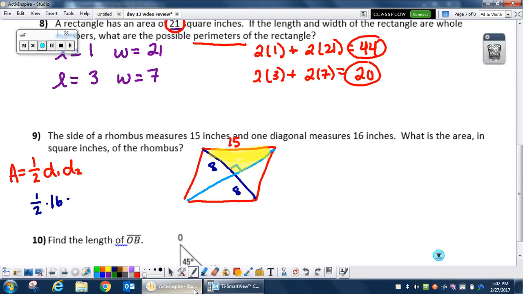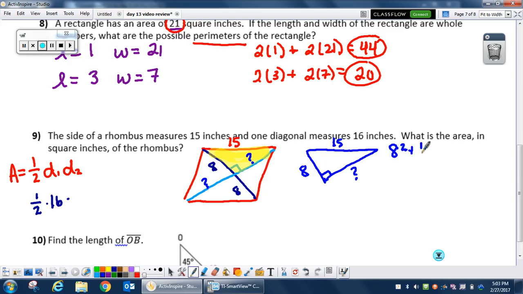If I pull that little triangle out, that's 8, that's 15, and the side we're finding is the same as that question mark. So you can see that we are finding the leg of a right triangle.